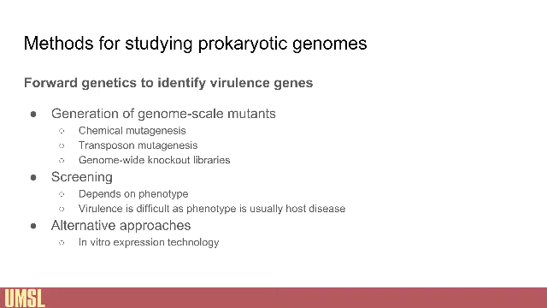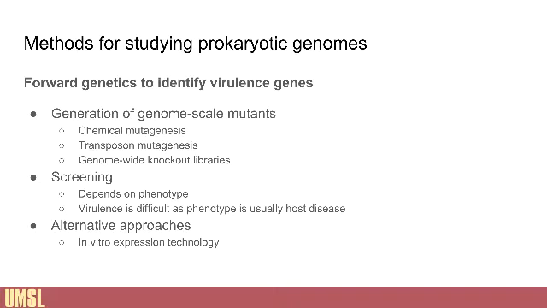I kind of alluded to some of this in my last little rant here, but forward genetics was the traditional approach, and still is in some ways, to finding genes associated with causing virulence in the host. What genes encode functions in this pathogen's toolbox that allow it to interface with the host and cause disease?